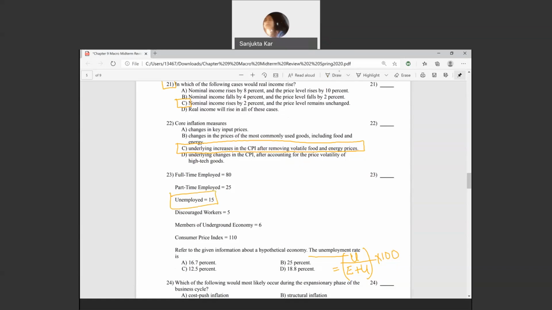Now I need to know how many people are employed. So this will be both full-time as well as part-time employed. So the number of people employed is going to be 80 plus 25. This is equal to 105.